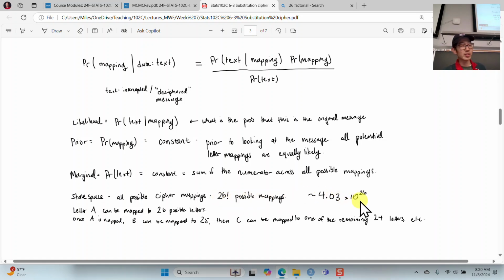There is 10 to the 26 possible mappings. And so the marginal probability, if you wanted to actually calculate it, you would need to be able to calculate the numerator for all, whatever, 10 to the 26 mappings there are. And that's just too many. We're never actually going to be able to calculate this, okay?